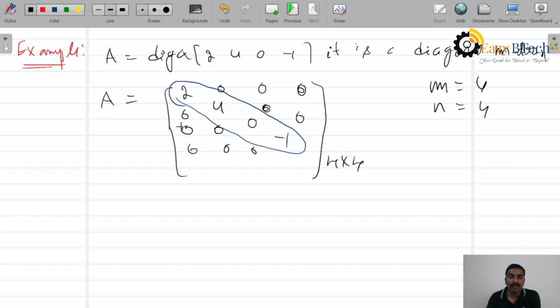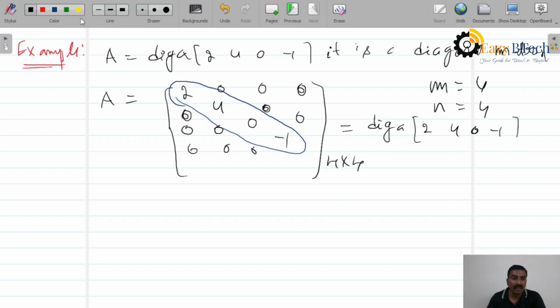Therefore we simply write diag of 2, 4, 0, -1, because the remaining elements are all 0. So a diagonal matrix is simply denoted by diag, with only the principal diagonal elements in brackets. This is one more example of a diagonal matrix.